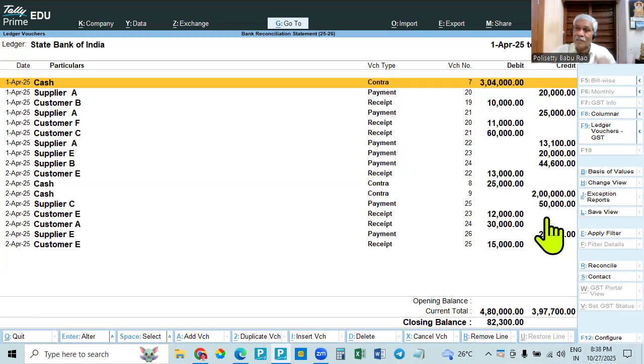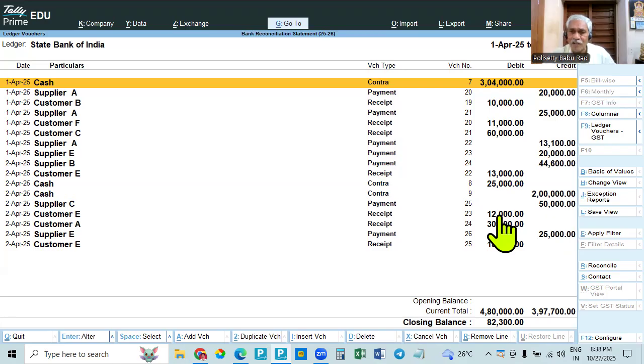Sometimes a customer directly pays into the bank, they paid the cash into our account. We don't know that, they have not informed us. So they will make the entry in the bank, we will not know. In such a case, direct transactions into the bank will be shown in the bank statement only, not available in our books. There will be a difference.